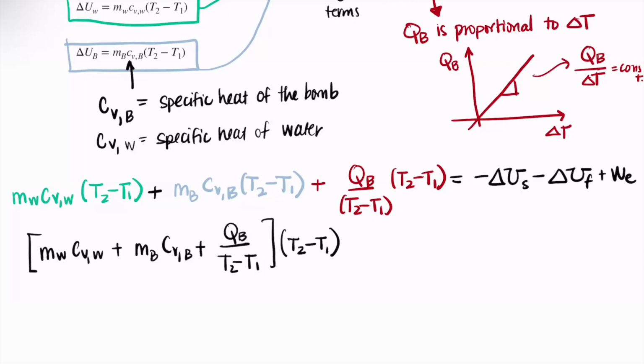Just remember that this term is a constant. And CV for both the bomb and the water, those are material properties, so those are constants. And then we have a closed system, right? So the mass of the water and the mass of the bomb should be constant as well. So this whole thing in the brackets is a constant.